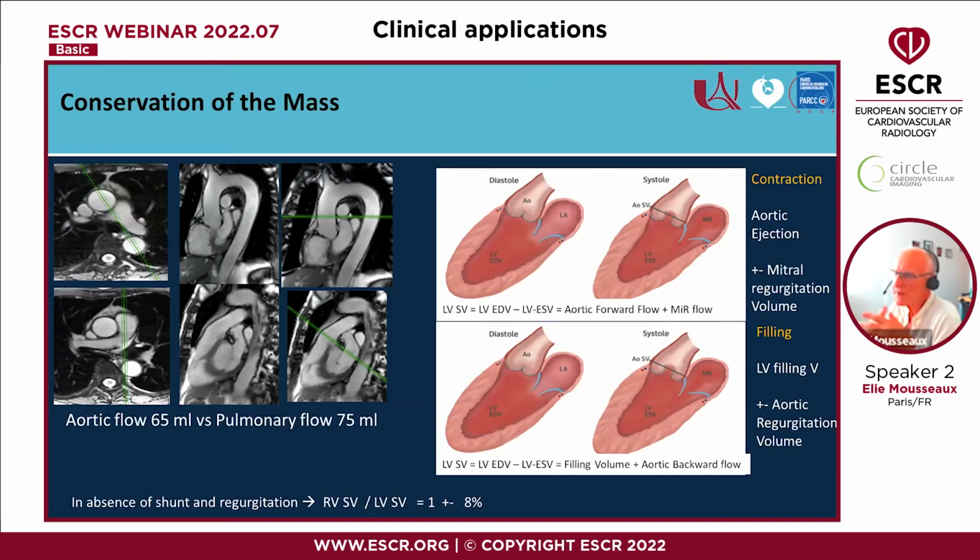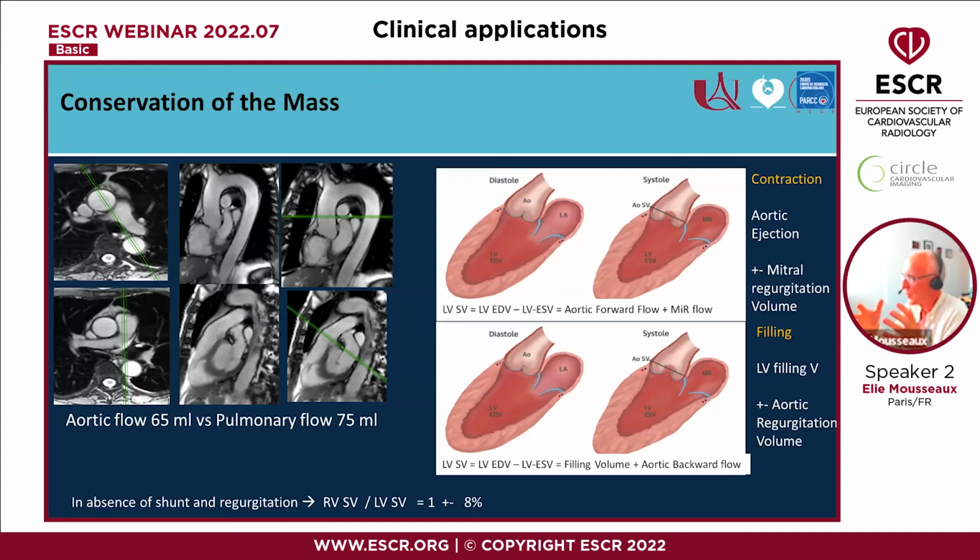So, about the conservation of the mass. For instance, the main application of MRI will be to appreciate the velocity and flow within the pulmonary artery and within the ascending aorta. In normal volunteers and normal patients with an absence of a shunt, you should have exactly the same flow.